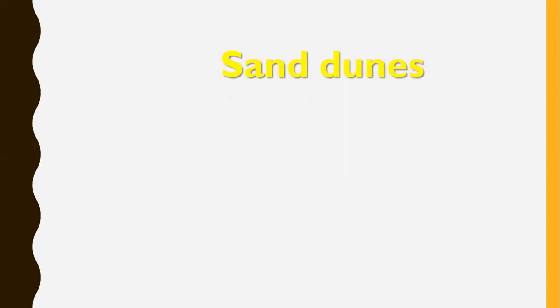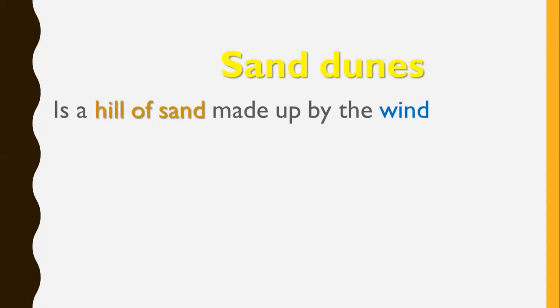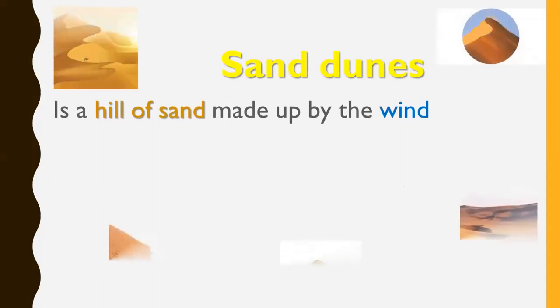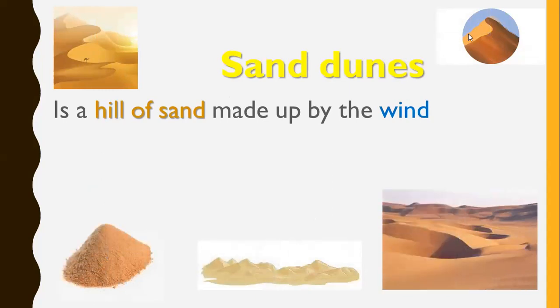Sand dunes. A sand dune is a hill of sand made by the wind. The word hill means small mountain, okay? But it's not made of rocks, no. It's made of sand.